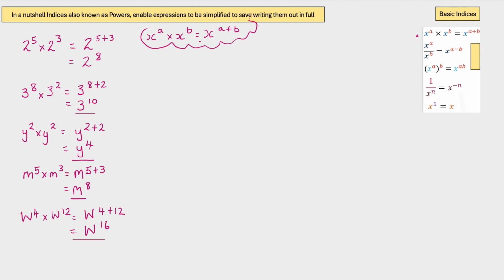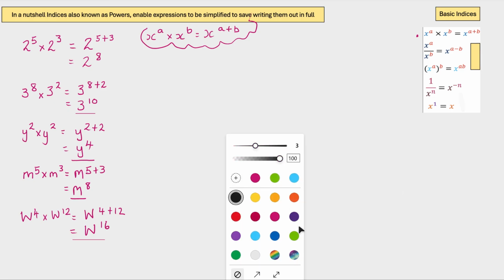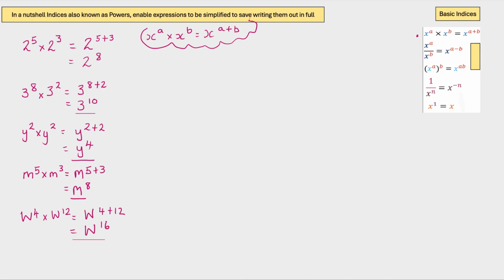So the second rule we're going to follow is to divide, because they like to make things awkward for us, let's change the colour. Let's get it to black. So this one is here. When we divide, we subtract our powers.